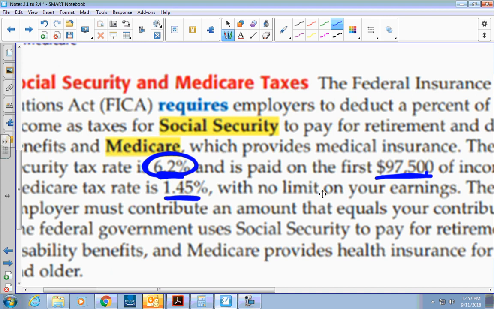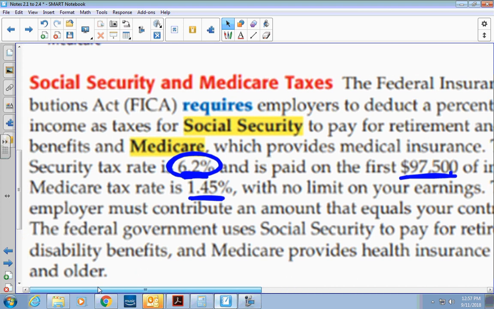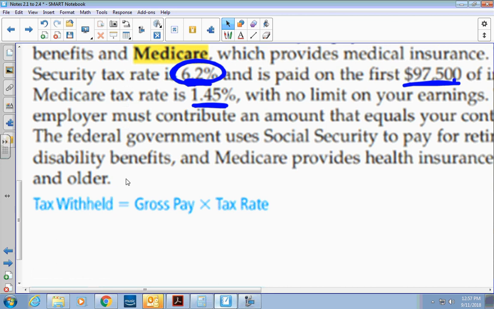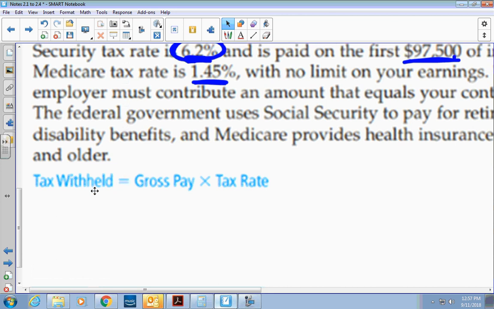So when they say calculate the Social Security, you multiply by 6.2%. When they say calculate the Medicare, you multiply by 1.45%. So our withheld taxes is our gross pay, times either 6.2 for Social Security or 1.45 for Medicare.